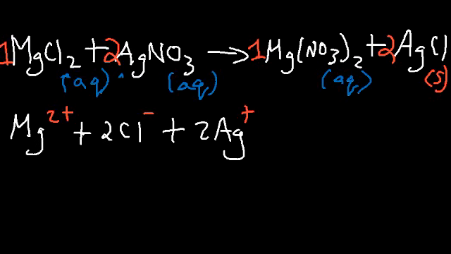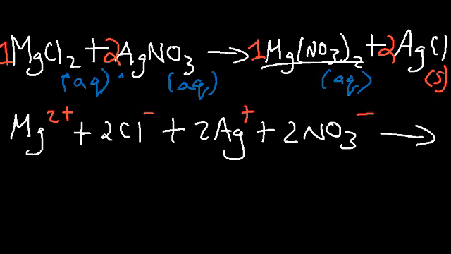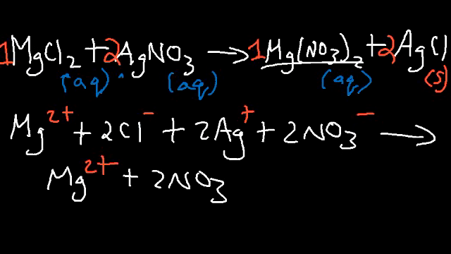Ag has a plus charge, and we have 2 nitrate ions. So that's on the left side. And then on the right side, we can only separate magnesium nitrate. Silver chloride is a solid, so we can't separate that. So on the right side, we have Mg2+. We still have 2 nitrate ions. And we have AgCl as well, and that's a solid.